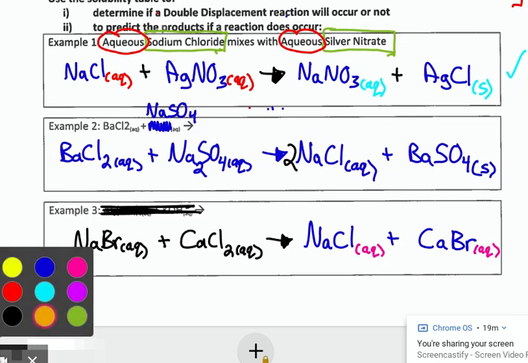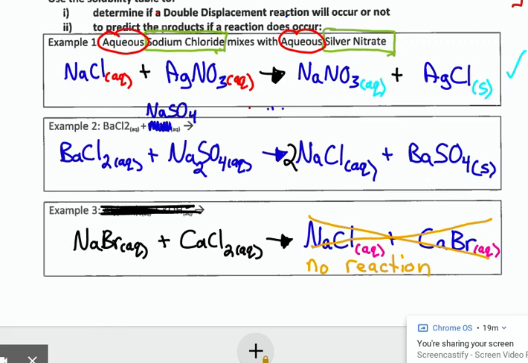So actually, what we write is that instead of writing our reactants with their aqueous subscripts, we actually are going to write no reaction. Because if we mixed sodium bromide and calcium chloride together, we would not get a precipitate. We would not see anything form because both products are soluble.